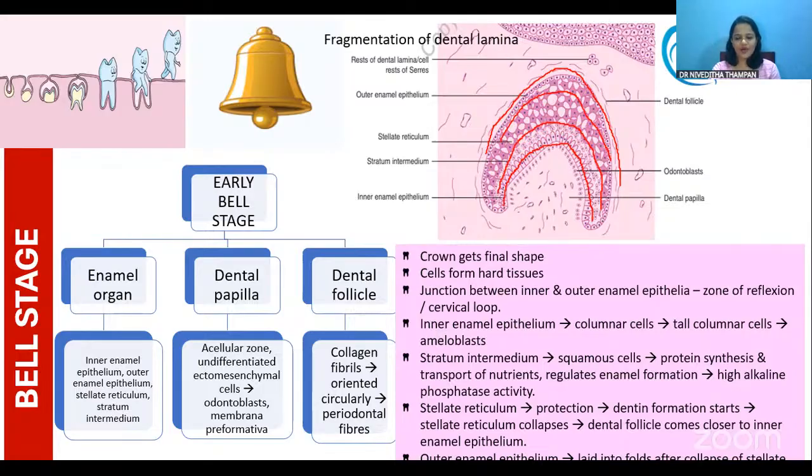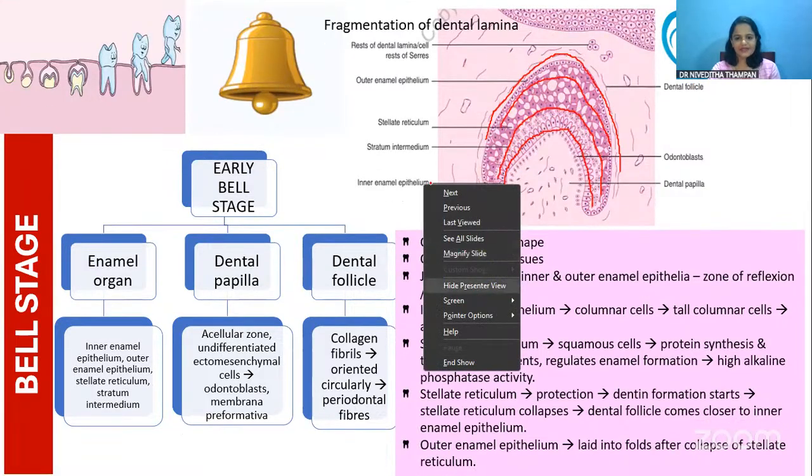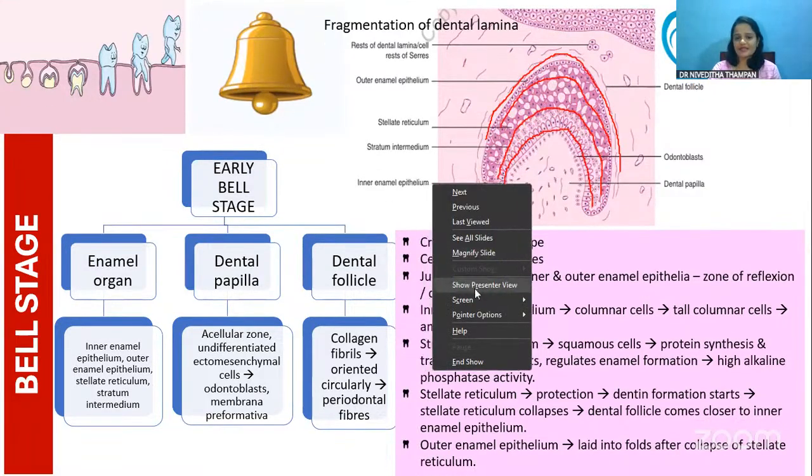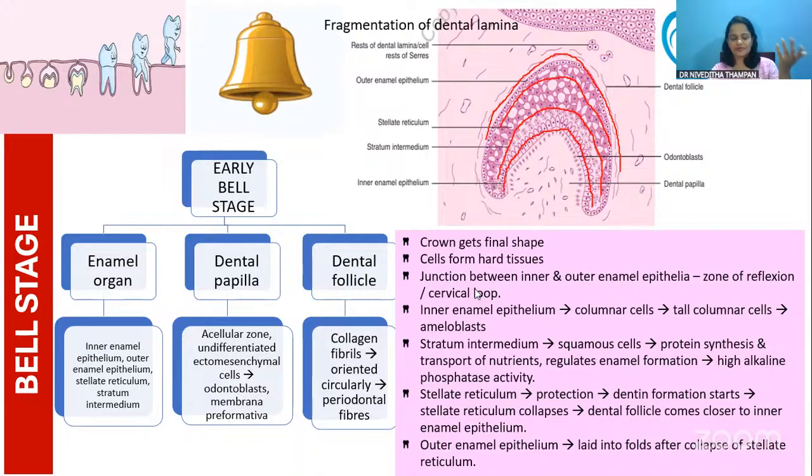Yes, so this is a common mistake that students usually make. They think the enamel is present in the outer layer, so definitely enamel is the first formed structure during tooth development. But no, enamel is not the first formed structure during tooth development. It is dentin.